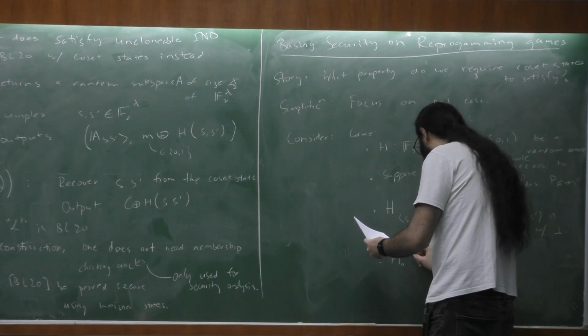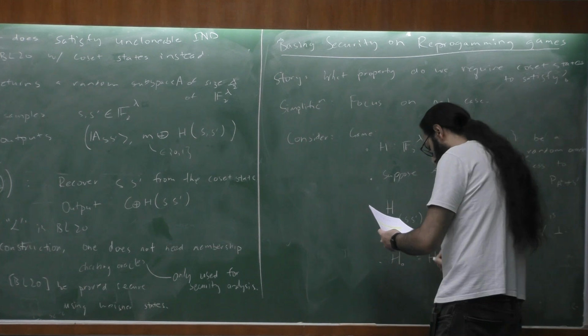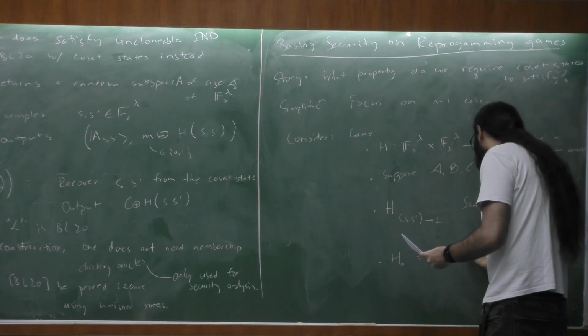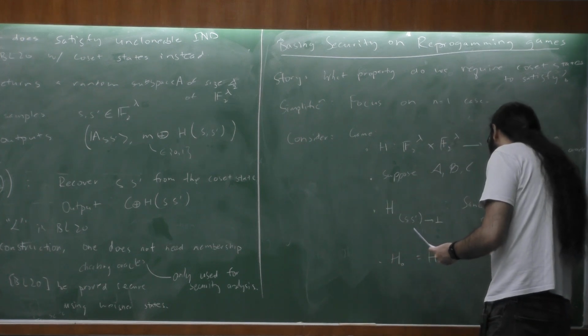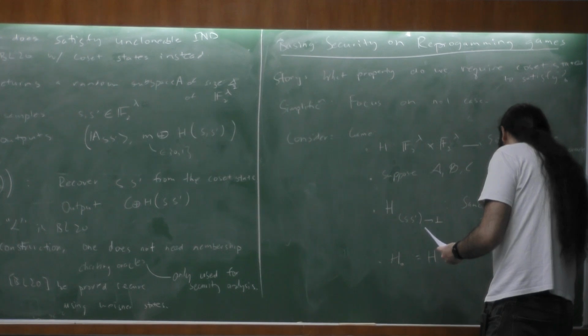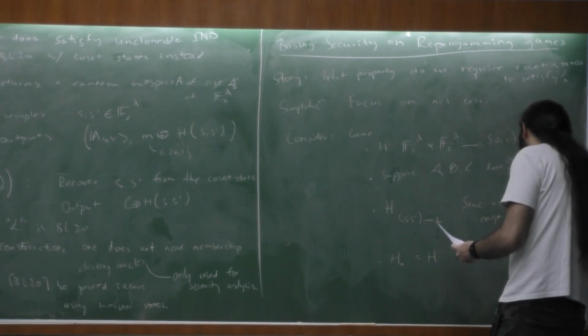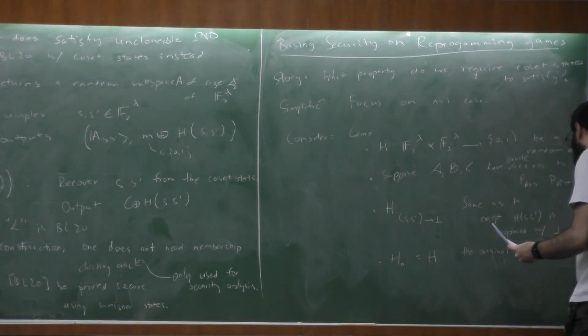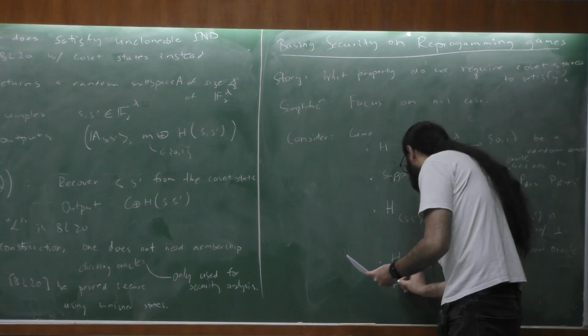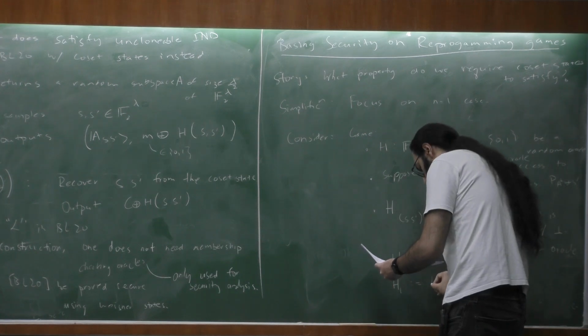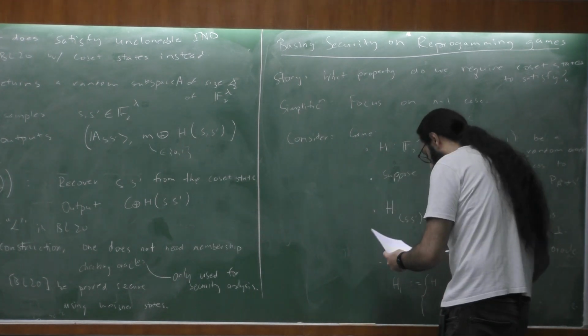Okay. H0 is defined to be H. So this is the original random oracle. And H1 is defined to be the following.